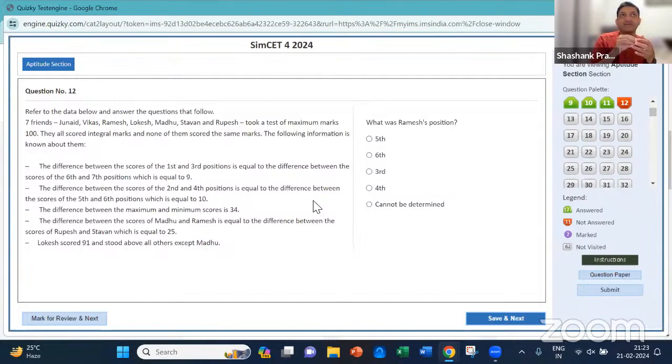But the gap between 99 and 25 is 74. So this is possible. But the gap between 99 and 34 should come to 65. So 99 and 65. 65, 74 is a gap of 9, right? Yeah, I think it's fine.